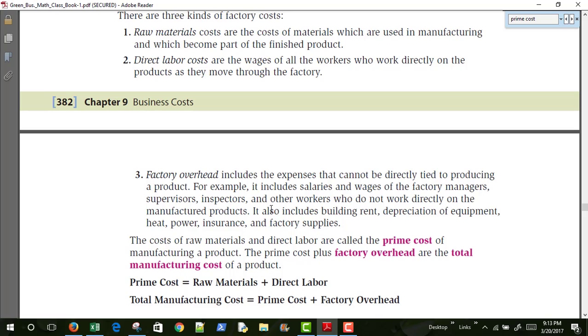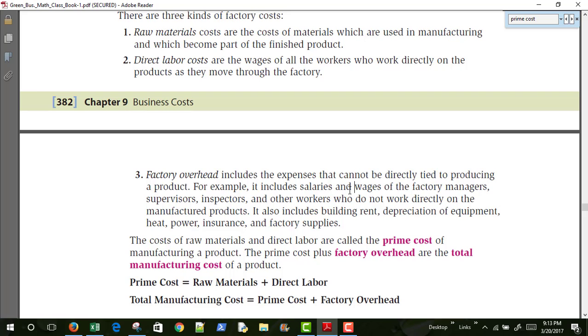They're called fixed costs. It's also called operating expenses. That includes the building rent, depreciation of equipment, which we haven't yet talked about, heat, power, insurance, factory supplies, all these things that you tend to have no matter whether you make anything or sell anything or not.